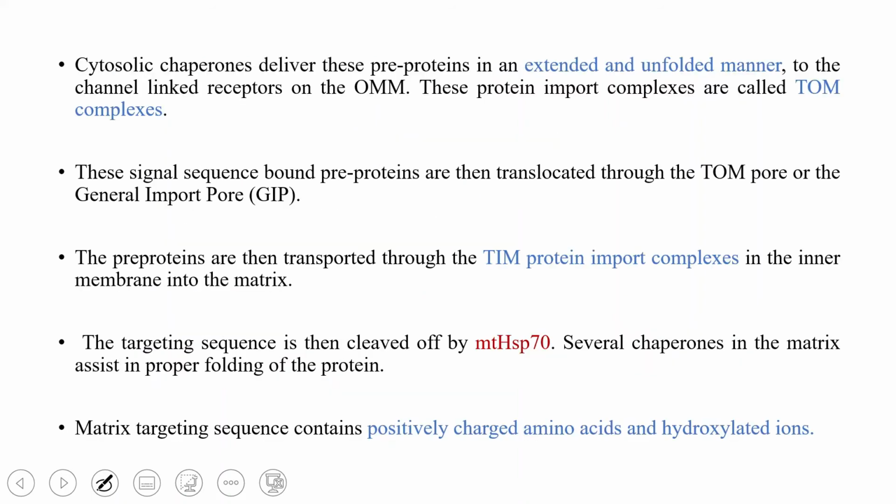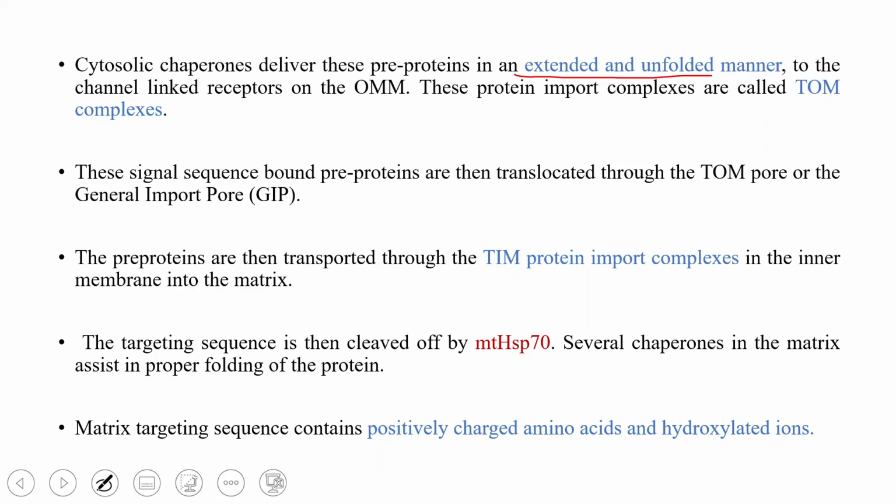Now, once these proteins are synthesized and tagged with the mitochondrial targeting sequence, there are certain chaperones in the cytosol which bind to these proteins. These proteins are here called pre-proteins because they are in an extended unfolded state until they are targeted to the mitochondria. We refer to them as pre-proteins because they are still attached to the N-terminal signaling sequence, and they are unfolded extended proteins.